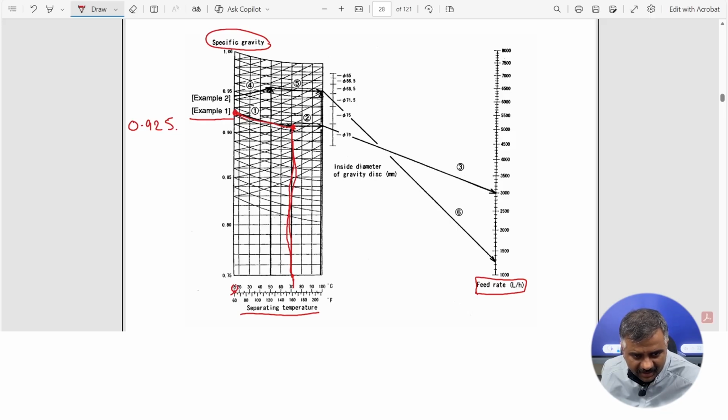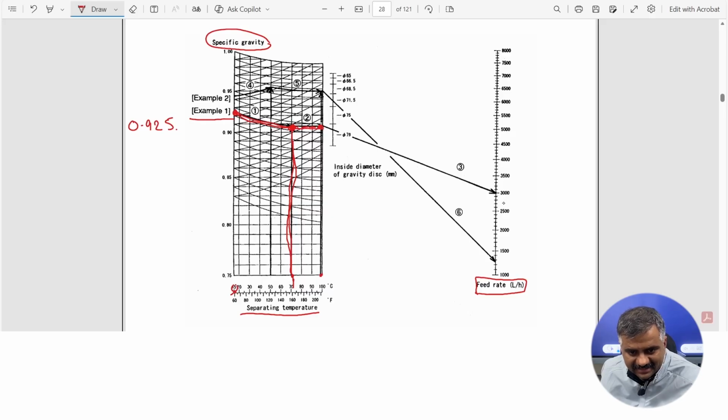From that we have to match this 0.925. As we get a value here, this intersection point has to be extended up to a value of 98 degrees centigrade here. So we have extended this up to 98 degrees centigrade.